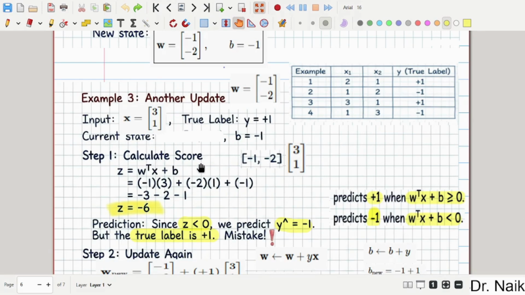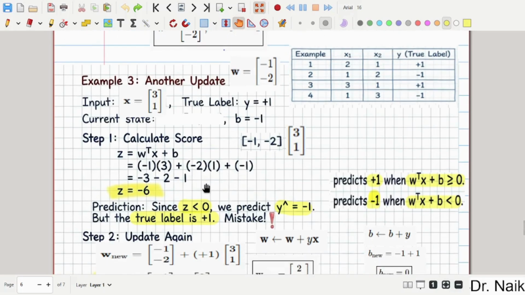Score is calculated by the formula W transpose X plus B. W transpose means row vector -1, -2 and X is the feature vector 3, 1. So -1 multiplied by 3 plus -2 multiplied by 1 plus B. B is -1. That means -3, -2, -1, so Z is equal to -6.